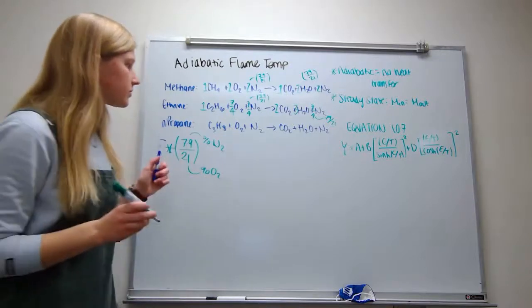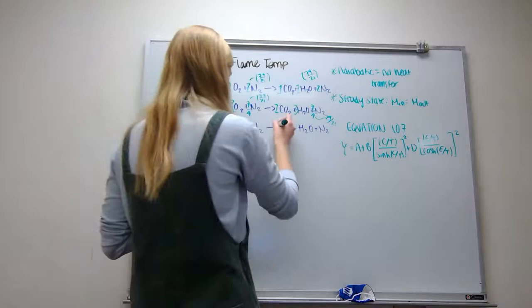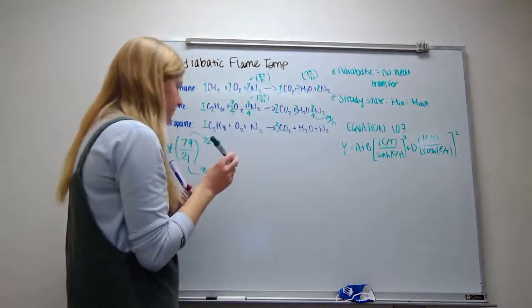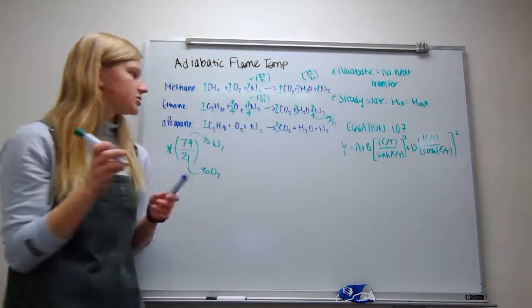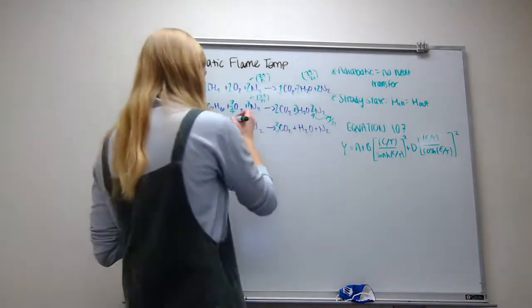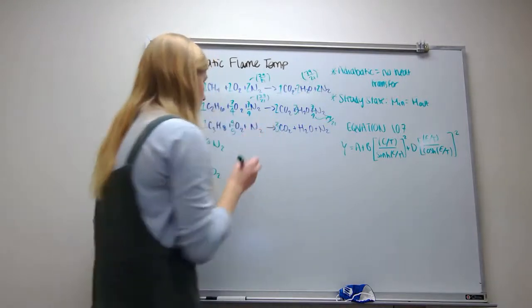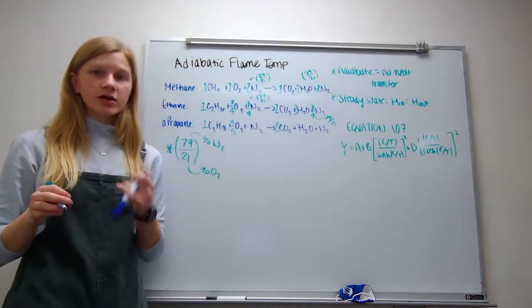Okay, just one more equation. 1 here, balance our carbons first, 3 carbons over here, and then we need to balance our oxygens. We're going to have 5 over here. Same for the nitrogens.